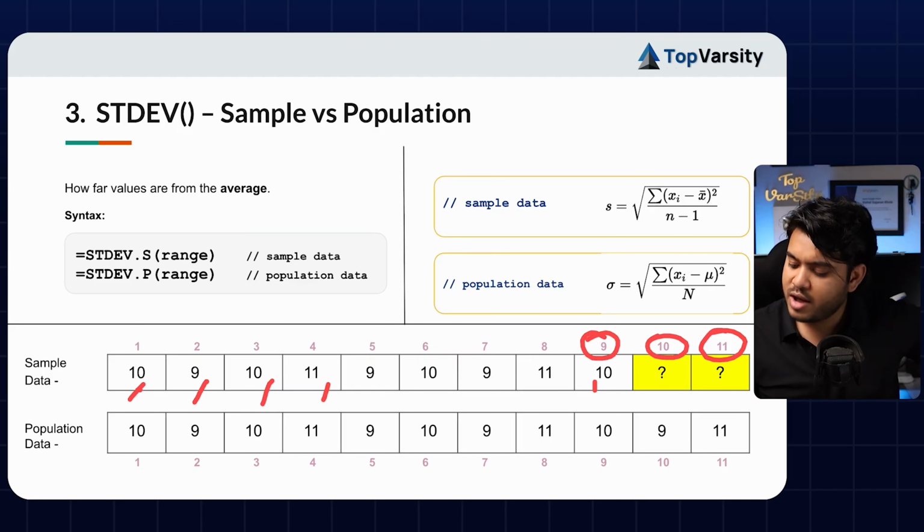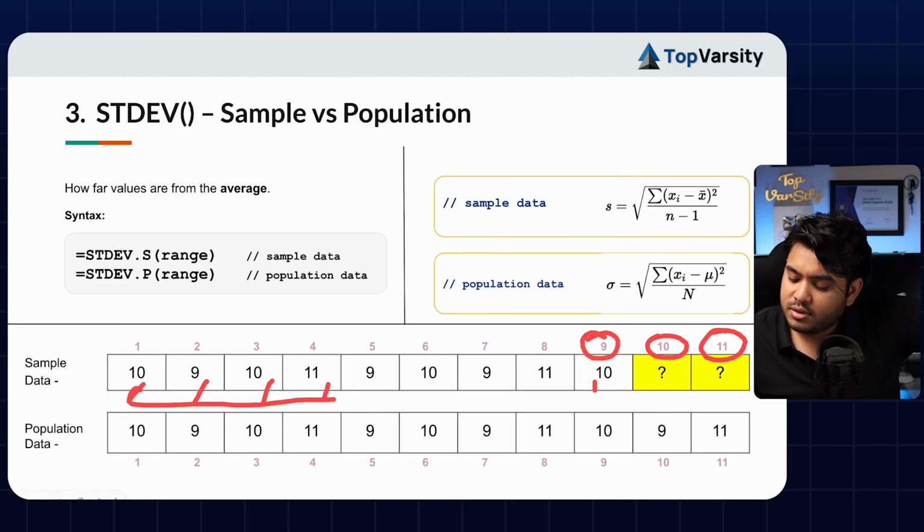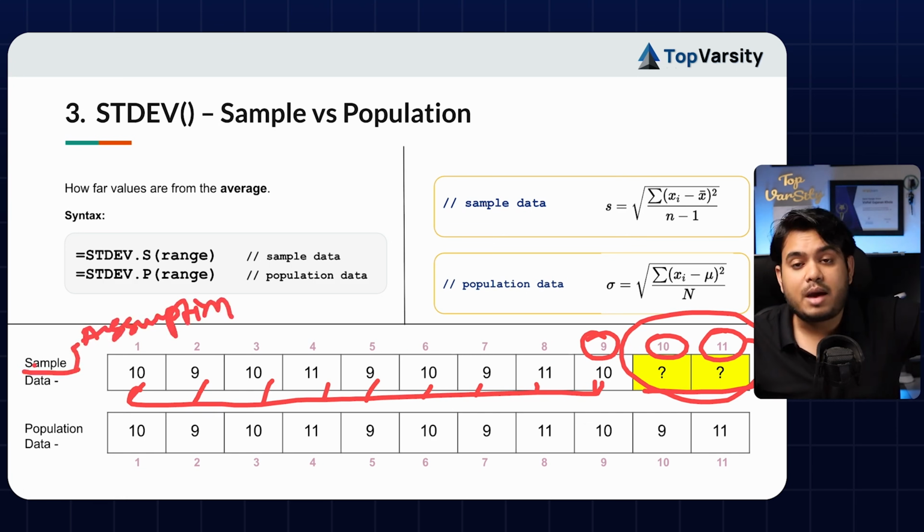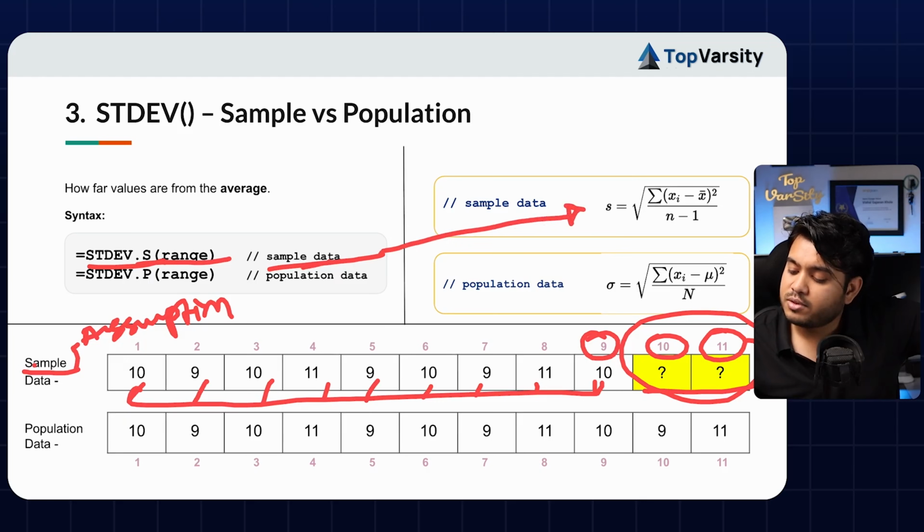Because you have a sample of only 9 people, you will assume the remaining values. So this sample data will have some assumption. That's why for sample data we'll use this formula.